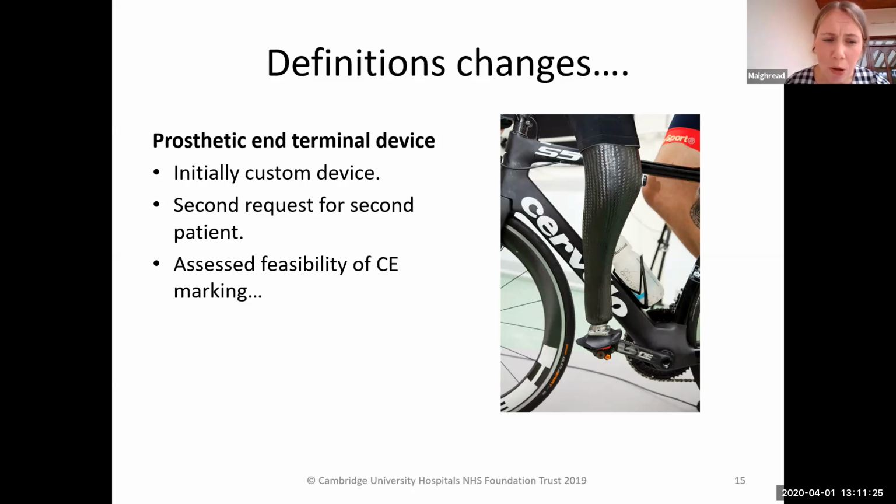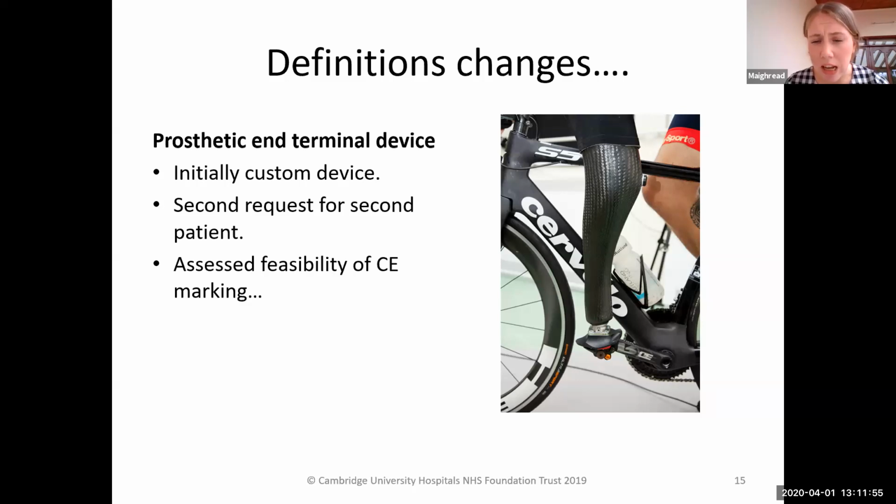But after that patient had the device for about 6 months, and we were getting very good feedback on how it was functioning and how it was helping him with his own functionality, the prosthetics department identified a second patient who could also benefit from this device. So we then had to establish how we would hand over this second device to the second patient.